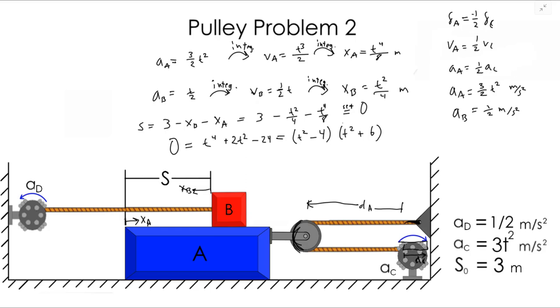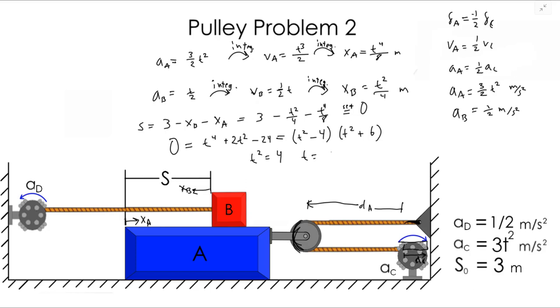And then this is not going to equal 0. So t squared, it's just going to be 6 and up. So this is not going to be of any use. It's this one in the end. So 0, so this will be t squared equals 4.